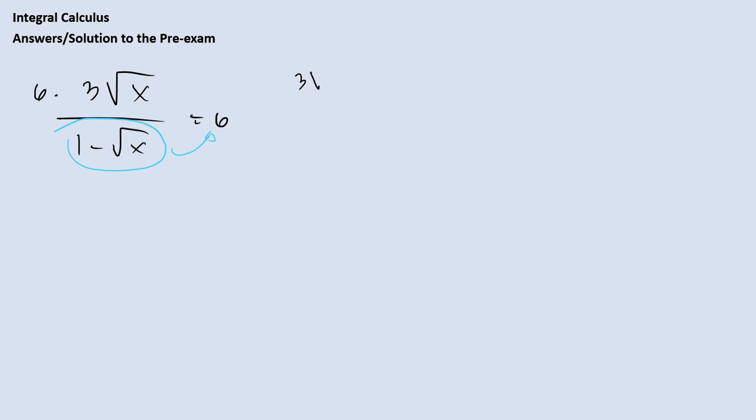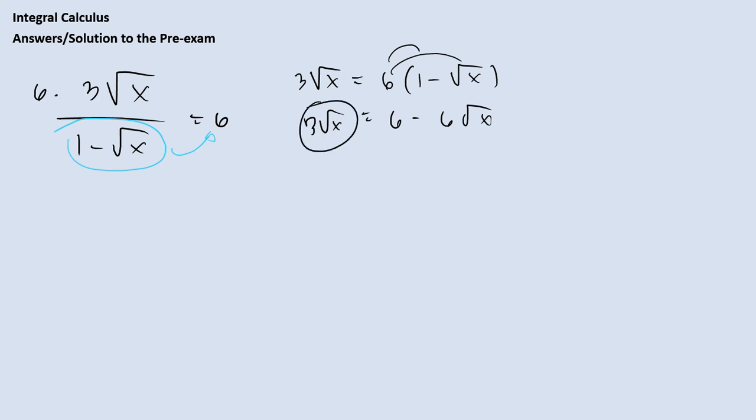So magiging 3 square root of x equals 6 multiplied by the 1 minus square root of x. So, distribute nyo dyan.